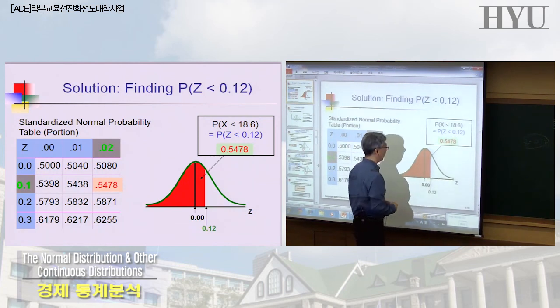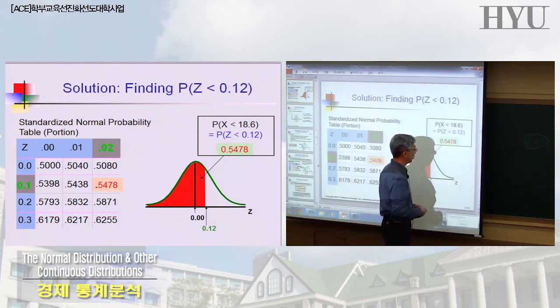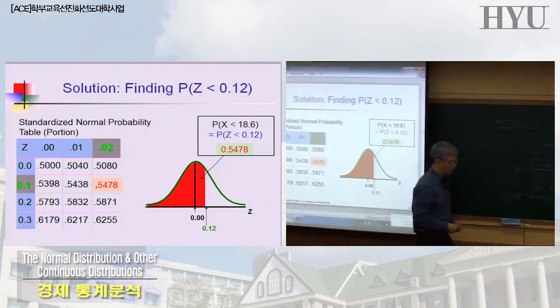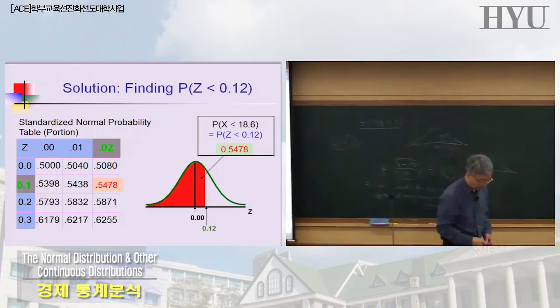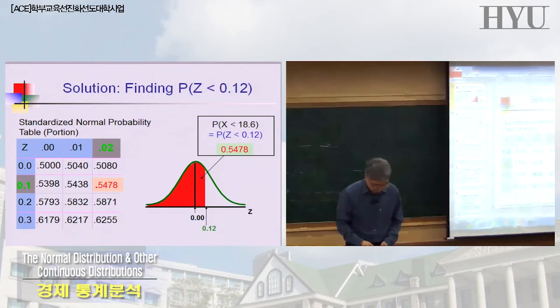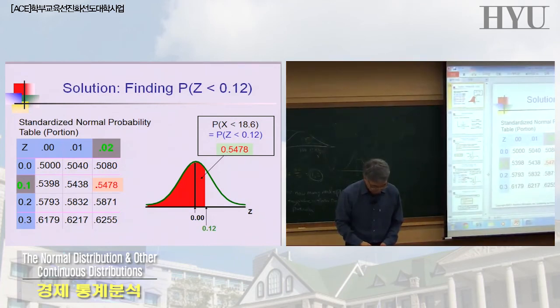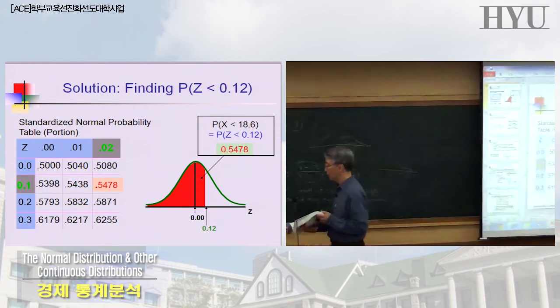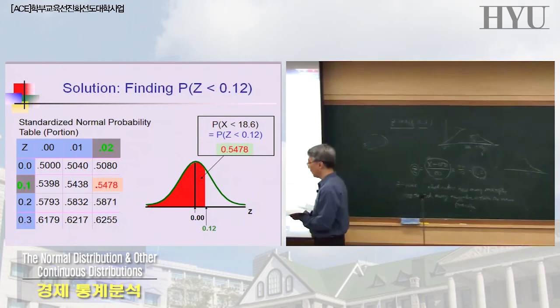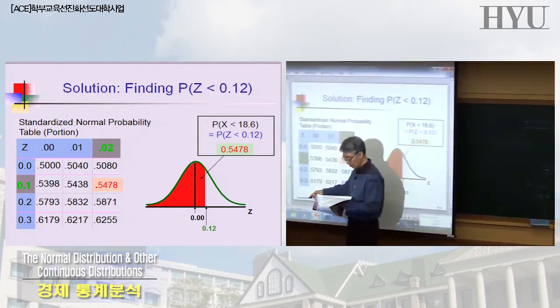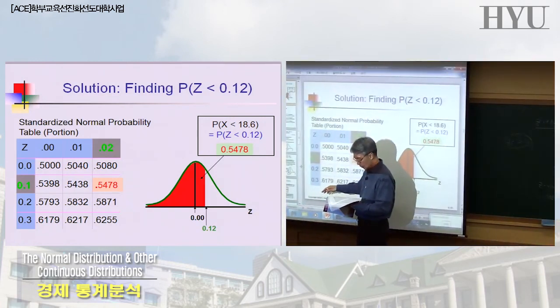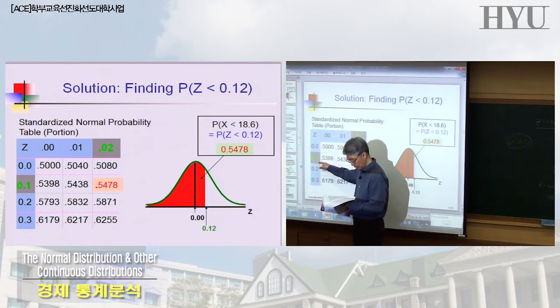It goes in our table from negative 6.0 to negative 0.0. So in our actual z table, you have to go all the way down to the bottom of the table to see 0.1.